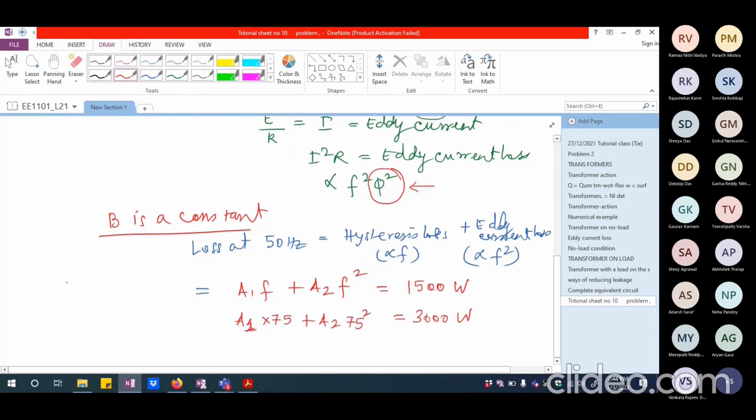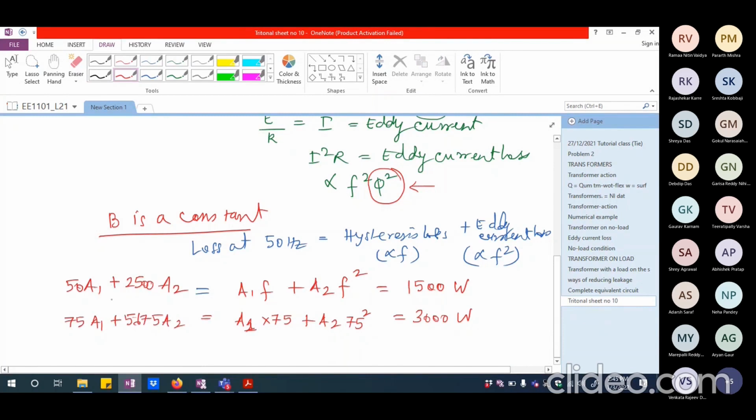So 50 A1 plus 2500 A2 equals 1500 watts, whereas 75 A1 plus 75 times 75, that is 5625, times A2 equals 3000.